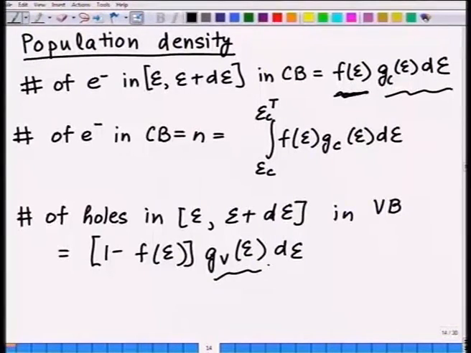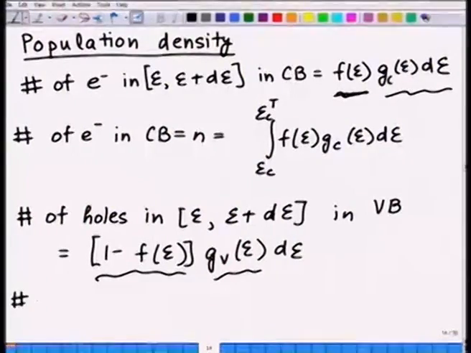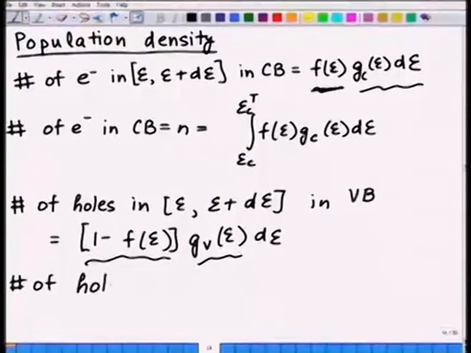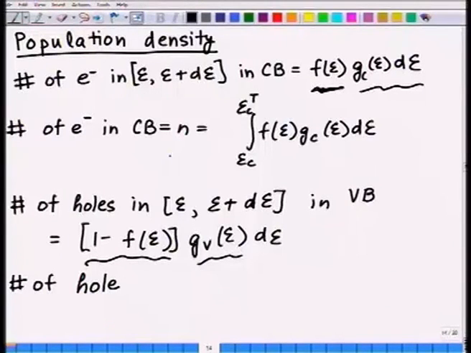This is the density of states for holes in the valence band, and I multiply by the probability of finding a hole there. Then I have the number of holes in the valence band in this energy range. Remember, since GC is per unit material volume, per centimeter cube or per meter cube, the n quantity which we will derive is per unit volume, the number of electrons per unit volume.